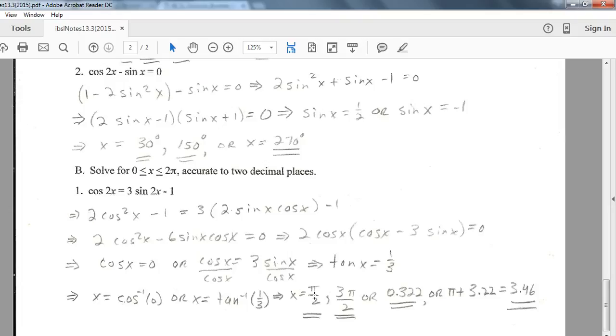So I should have done pi divided by 2, put this into my calculator and rounded it to 2 decimal places. That should just be 0.32. And this should also be rounded to 2 decimal places, but this one is. So you have to make sure you follow those little things. Those do cost points on the test. So pay attention to those directions and make sure you do exactly what they say to do here.